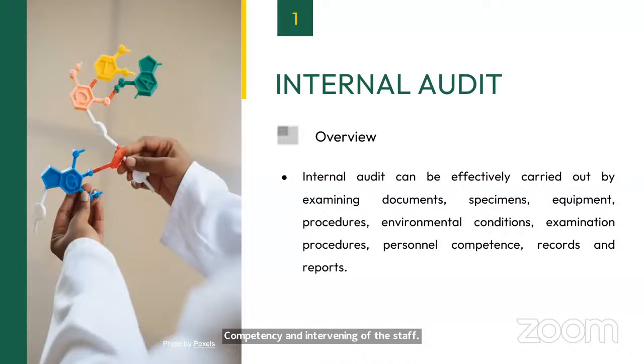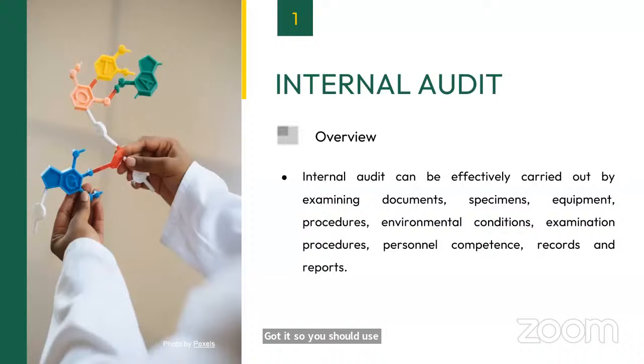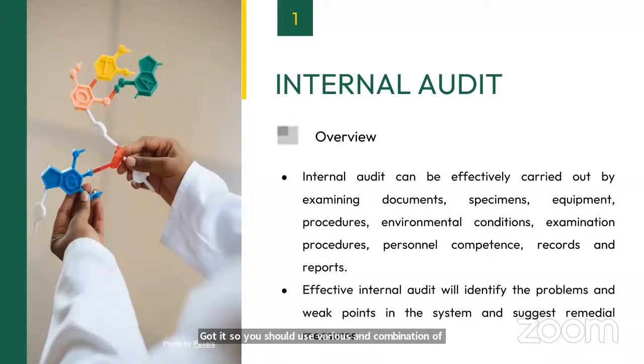It should be observations and examinations of the records. It should be examinations of the review of the environmental conditions, equipment, procedures. So all together will comprise an internal audit. So you should use various approaches and a combination of these approaches to conduct an internal audit.